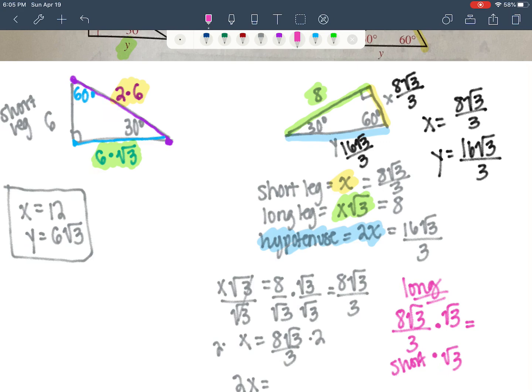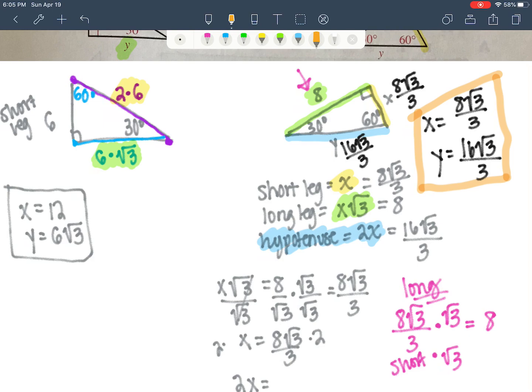So the long leg is going to equal 8 times 3 over 3, which is 8. And isn't that what the long leg was? Indeed it was. So we can check our answer there and make sure our answer makes sense, which it does. And then we can box the answer for x and y, and there we go.